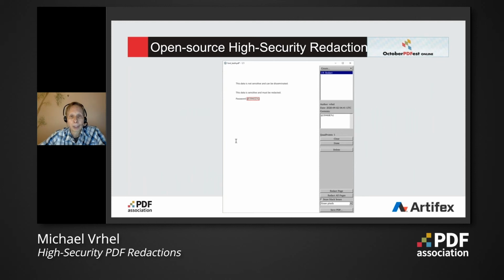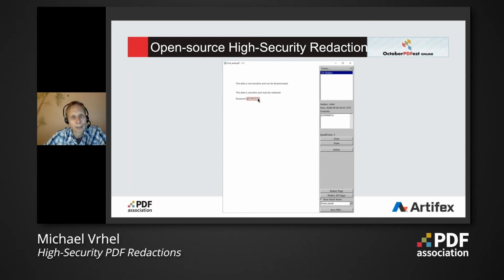Here I have some screenshots, for example, of an example application that's built with MuPDF, and I'll show you a link later where you can go and get this application. I have a small document here, and I've selected a region to add a redaction annotation. It's just the password content here.